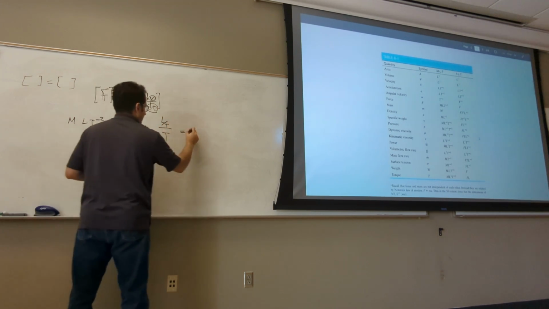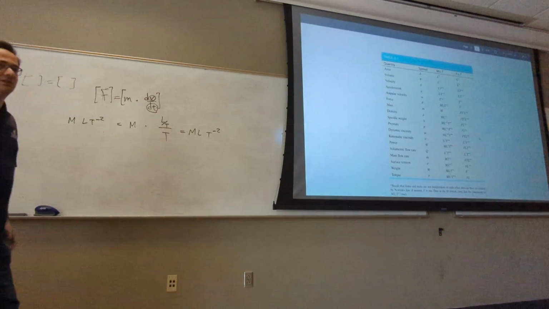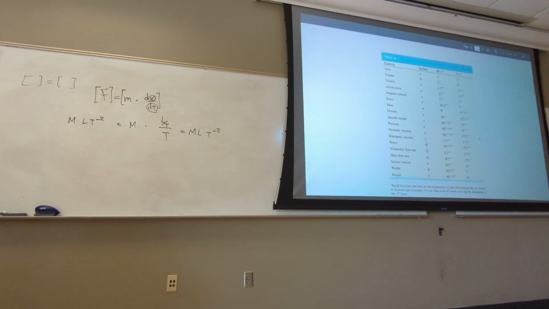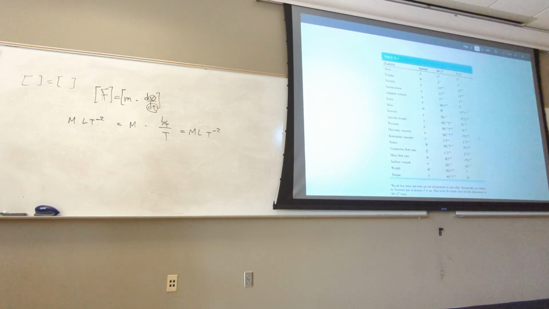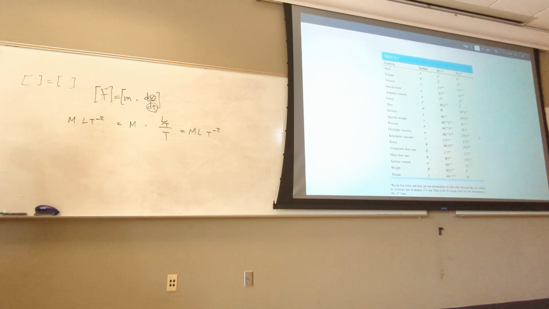So you get M L t to the minus 2. They match. If it's not matching, that means this equation is wrong. But if the dimension matches, you need further derivation to show that the equation is right. Otherwise, it may be physically non-valid. But this is, I would say, a necessary condition for the equation to be valid.